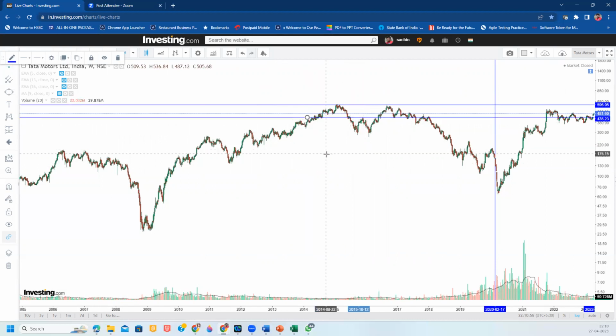So these two will be the major resistances. From the top, if I come down further, a few more resistances could be based on this past data.